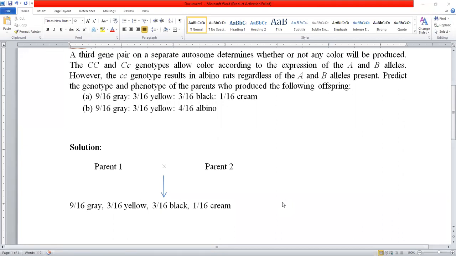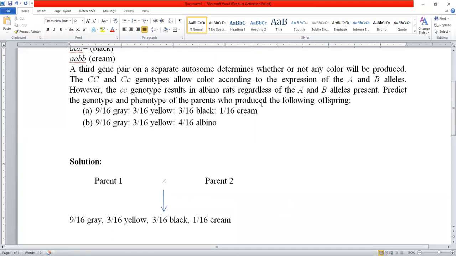From the given data, we know that three genes are involved in the expression of the coat color in this case.